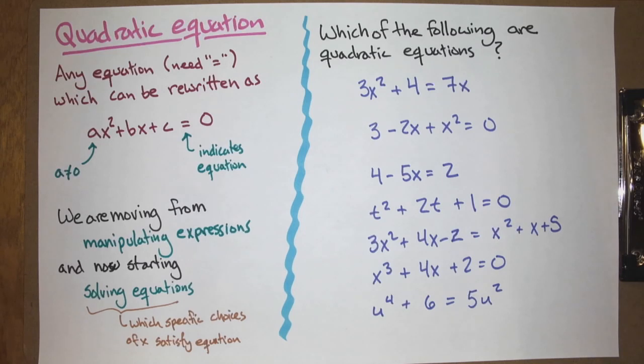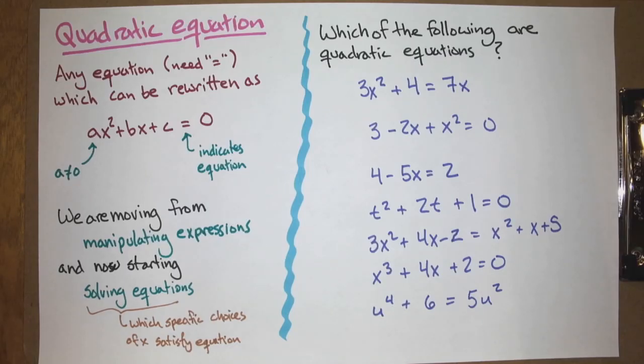All right. And as I mentioned already, we're moving from manipulation to solving. Solving means I want to know which x's do what I want them to do. For which x, when I plug it into that left-hand side, that ax squared plus bx plus c, will I get 0 out? So we're after specific numbers.